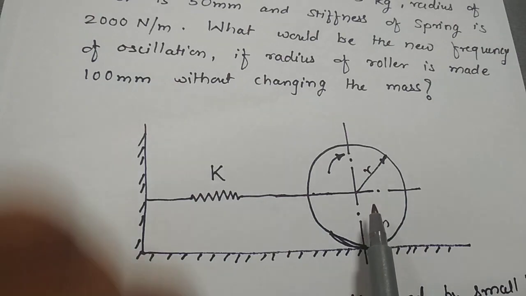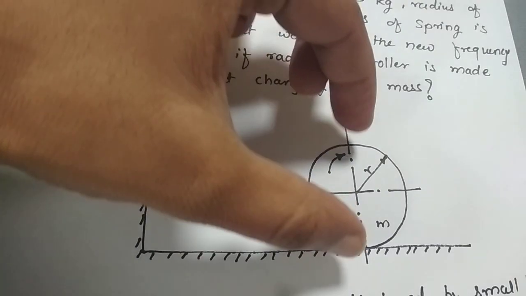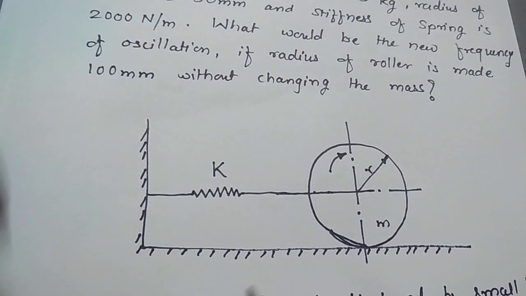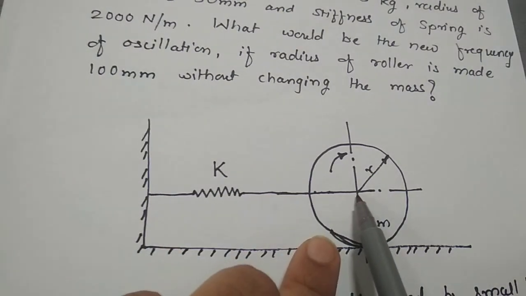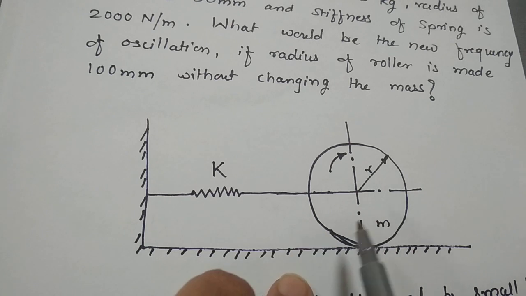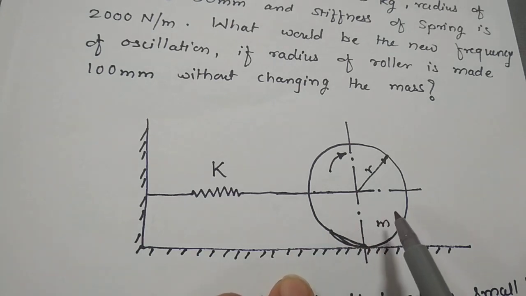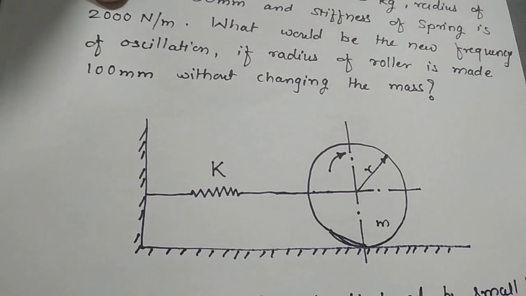What are the motions? First one is that it is a rotary motion. This roller will rotate and simultaneously the center is also moving linearly. So this numerical is a combination of two motions. One is a linear motion and another one is a rotary motion.